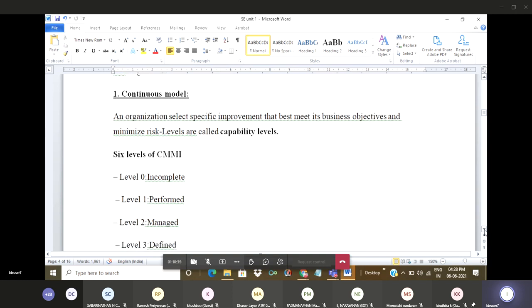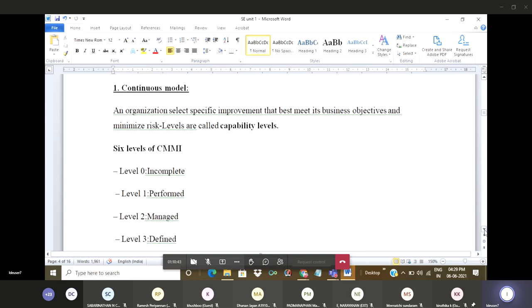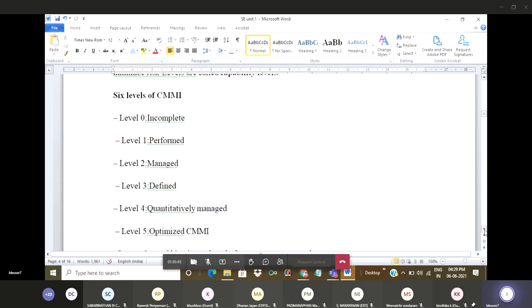According to the Software Engineering Institute, we have 6 levels. One is incomplete, second is performed, third is managed, fourth is defined, fifth is quantitatively managed, sixth is optimized. The first level is incomplete.